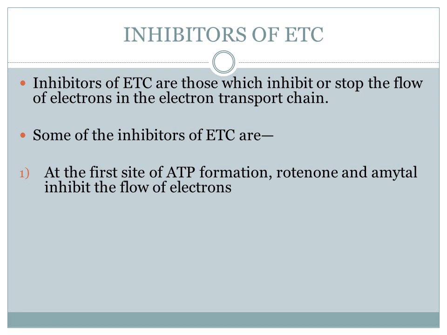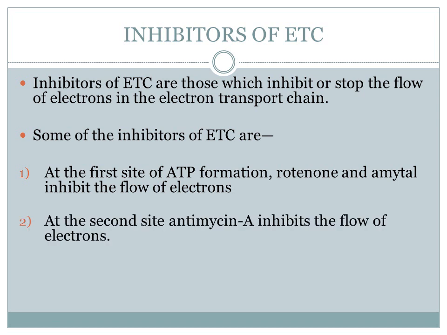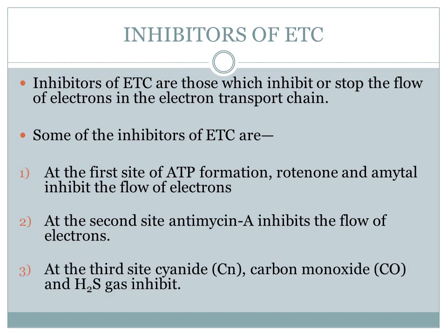At the second site, antimycin A inhibits the flow of electrons. And at the third site, cyanide (CN), carbon monoxide (CO), and H2S gas inhibit the flow of electrons.